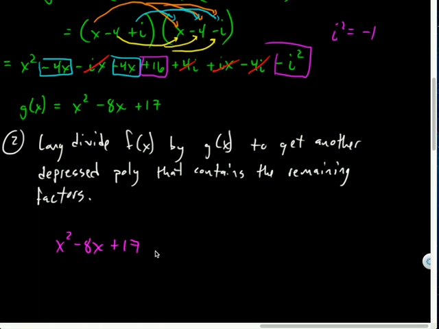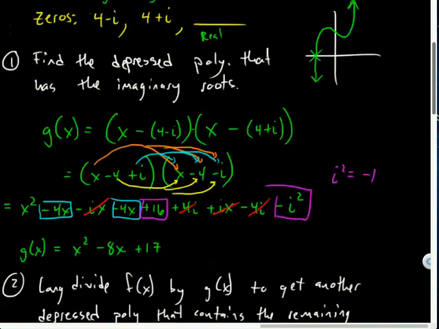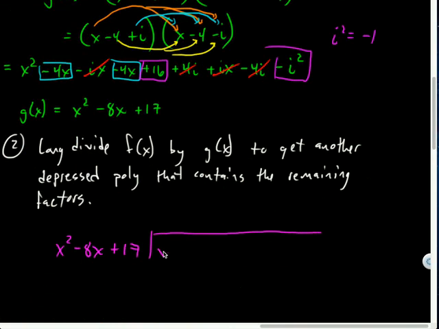I think we'll just have enough time to do the setup here because the bell's about to ring. Let's see, let me see. I'm going to grab x cubed minus 5 minus 7 plus 51. So when I do all of this out, I'll end up getting an answer of some other depressed polynomial.